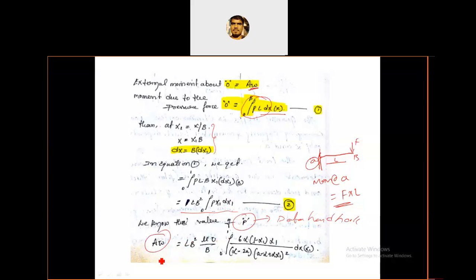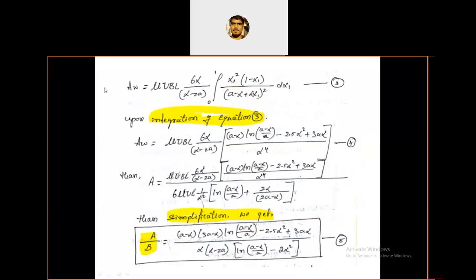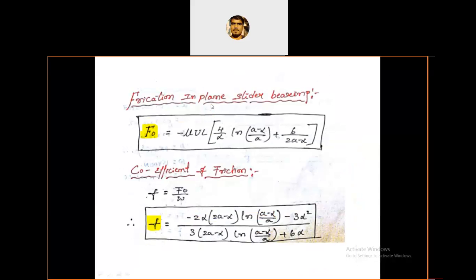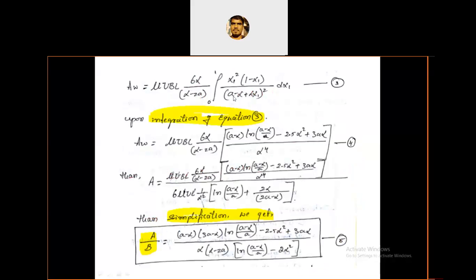So here the moment at A is equal to this. And the integration, we already know it is 0 to 1, which we did in the previous load carrying capacity. Same thing we have to use here. Upon integration, you already know how to do it. If you do the integration of the above equation and apply the limits, the entire equation will become this.